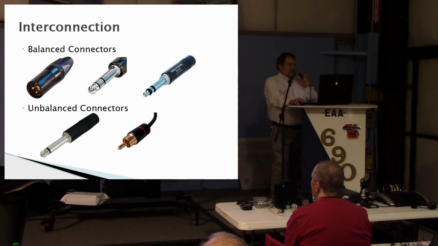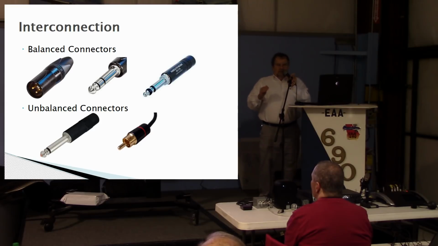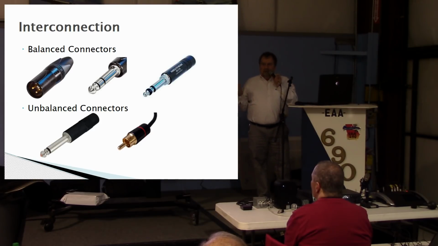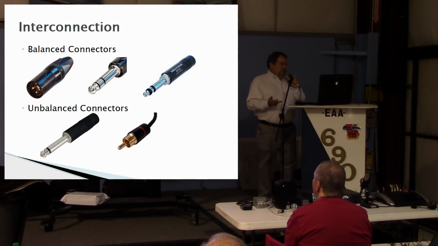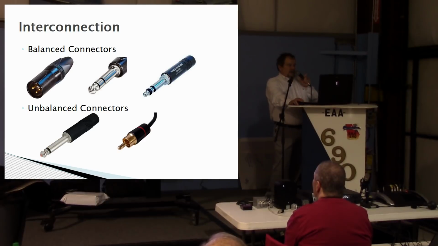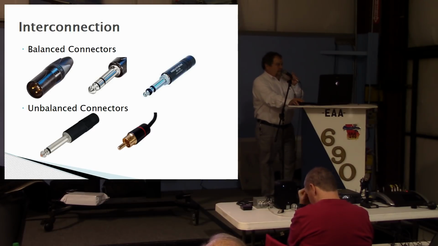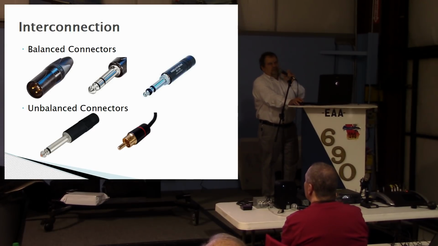And this is a balanced. Now, I think we all should know at this point the difference in a balanced and an unbalanced antenna. Well, it's the same pretty much darn thing with audio. You've got on a balanced, you've got like a hot and a cold, or a positive and a negative, however you want to look at it. And then you got a ground just for shield.